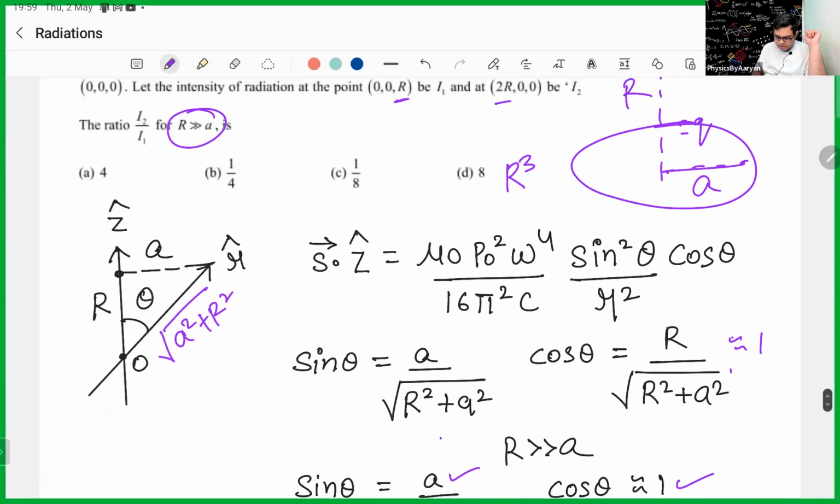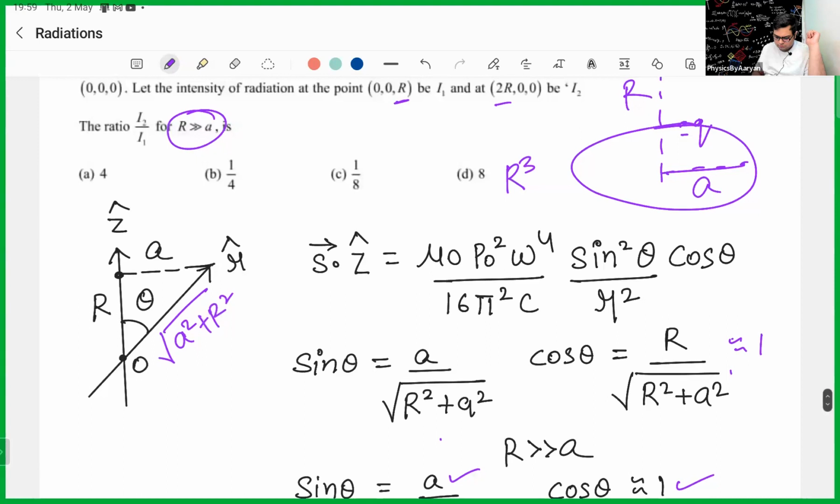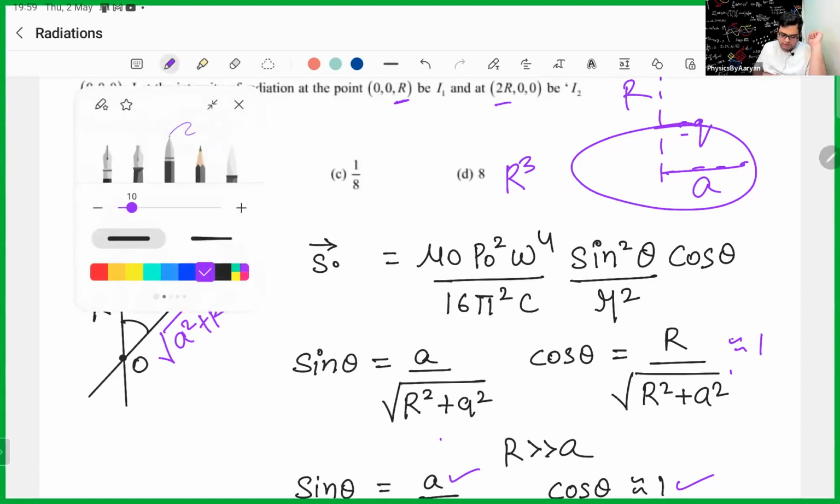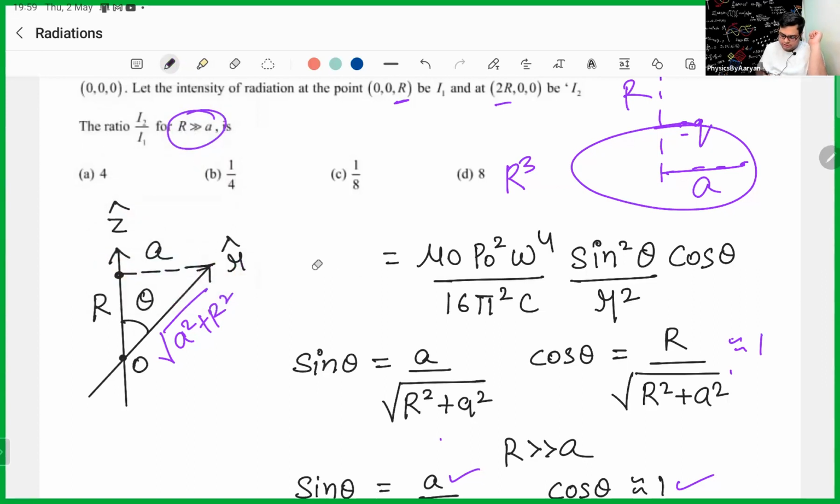S dot j. Sorry, here I made the mistake. So it is S dot j.